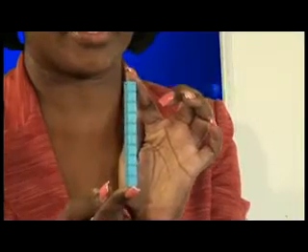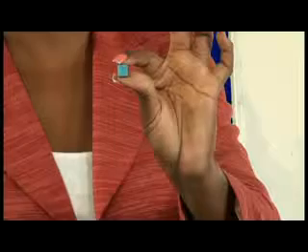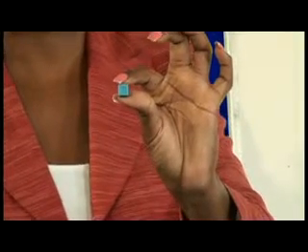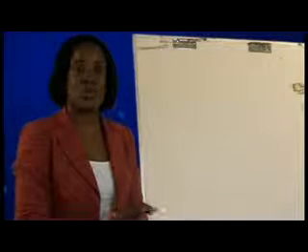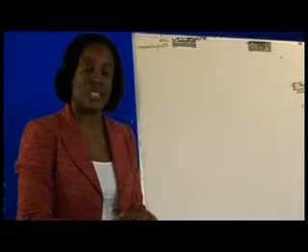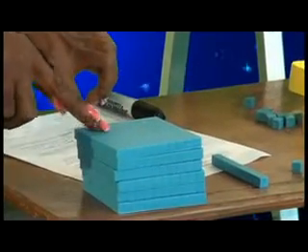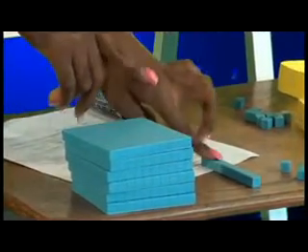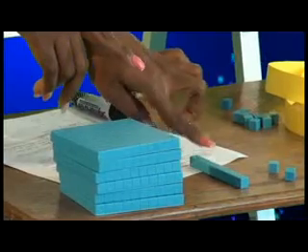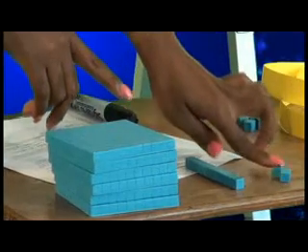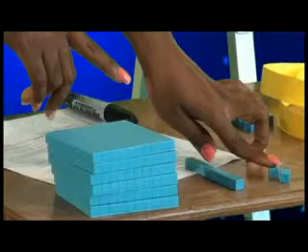So the example that was read, 612 divided by 6, will be represented with these pieces that represent 100, what represents 10, and what represents units or ones. So 612 is represented by 6 of the hundreds, 1 of the tens, and 2 of the units.